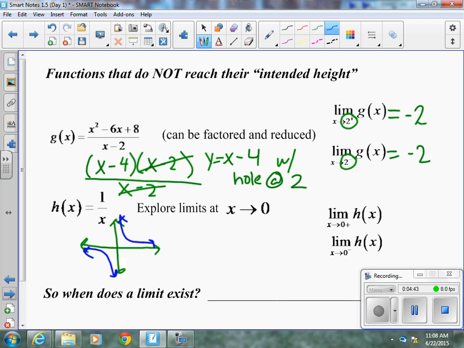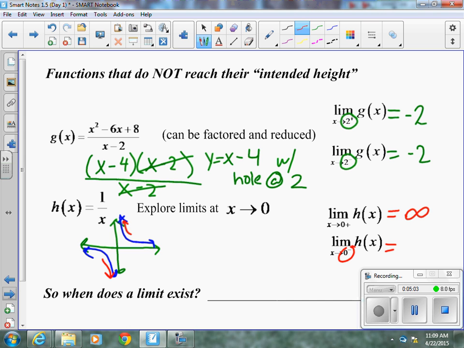This first example, limit of h of x as x approaches 0 from the positive side, means we're looking at this section. What happens as we approach 0 from the positive side? You'll see that it goes to positive infinity. As we're approaching 0 from the negative side, like this next example, it approaches negative infinity.